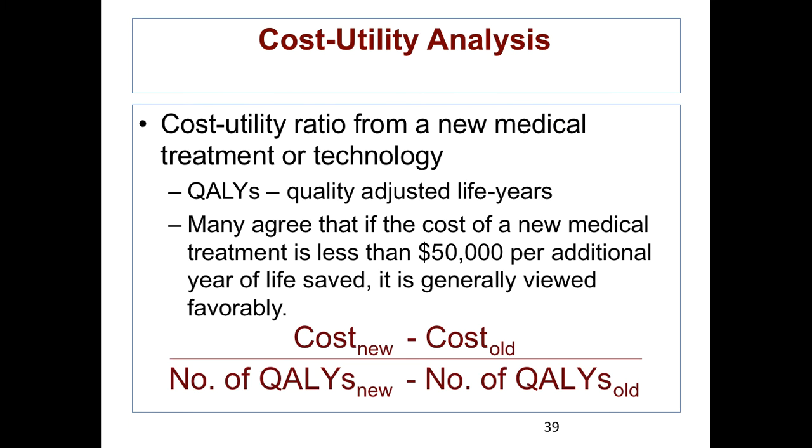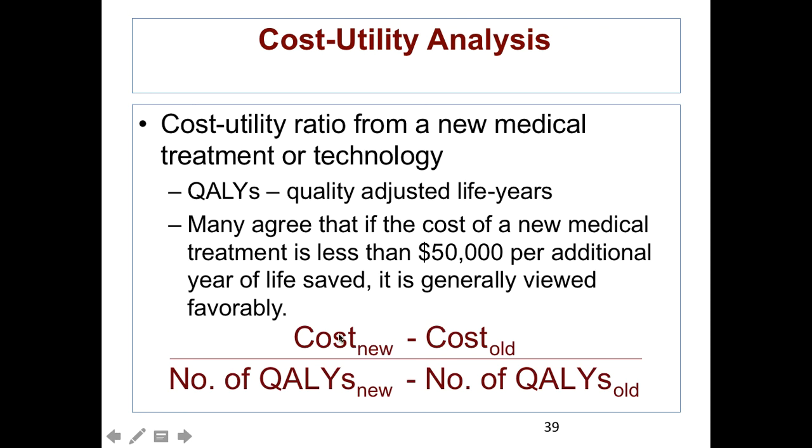So the cost utility ratio of a new medical treatment or technology is measured in quality adjusted life years. Many agree that if the cost of a new medical treatment is less than $50,000 per additional year of life saved, it is generally viewed favorably. So the cost of the new treatment minus the cost of the old treatment, over the difference in quality adjusted life years.